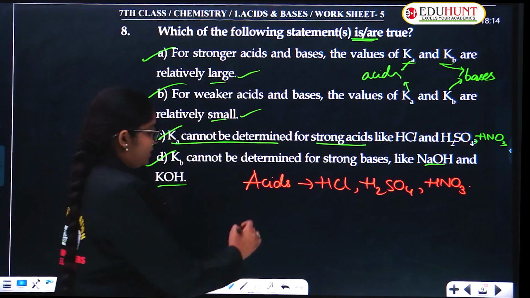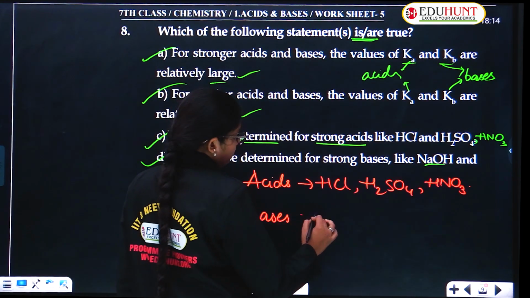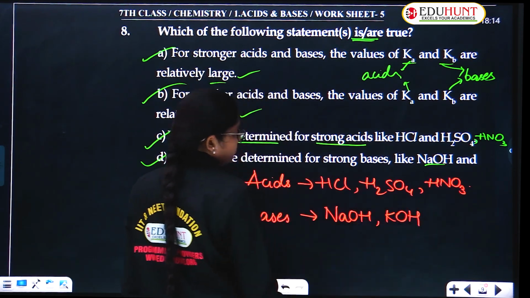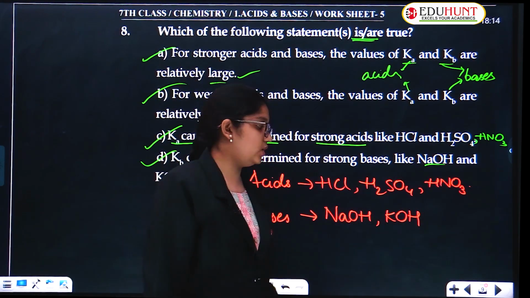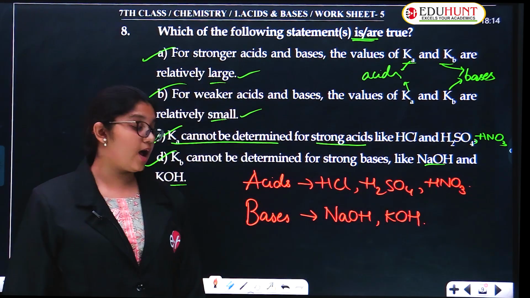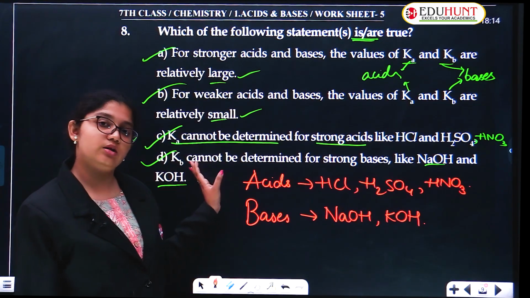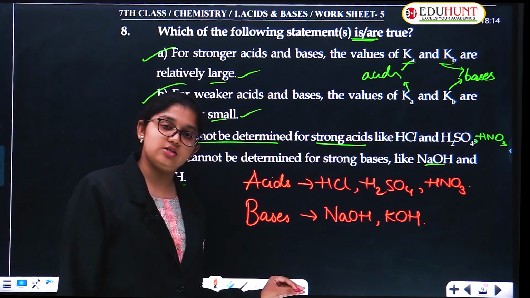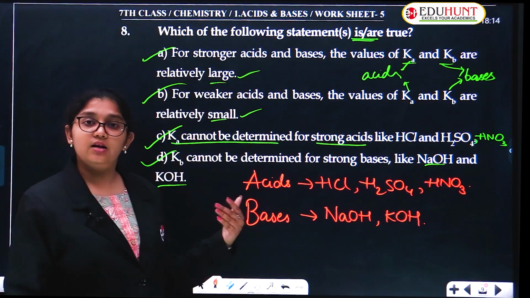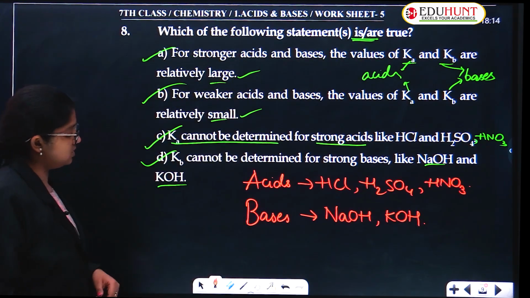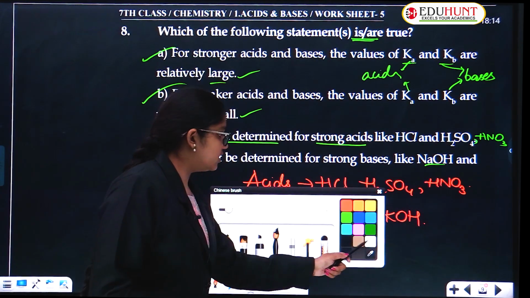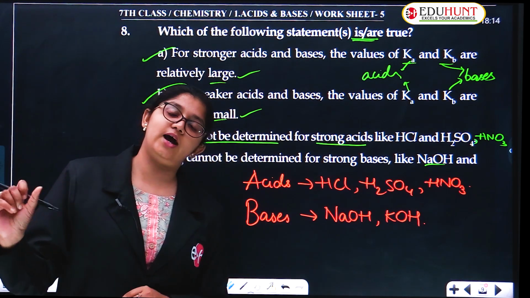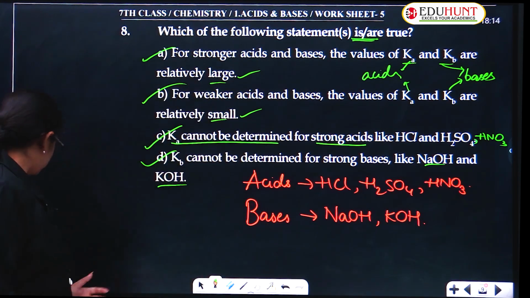And in the bases category, we don't have any Kb value for KOH and NaOH, because they completely dissociate in ordinary dilutions. So that particular value does not exist. That's the reason they are not considered as having Ka and Kb values. So this is all about question number 8, where all the 4 options are absolutely matching with that of Arrhenius theory. Shall I move to the next question, children?